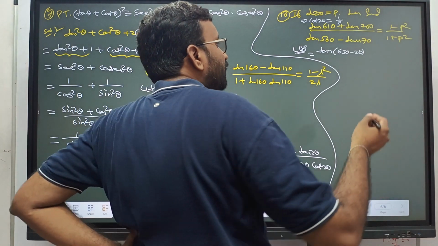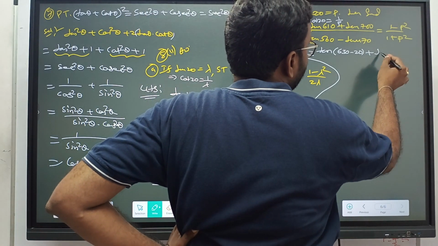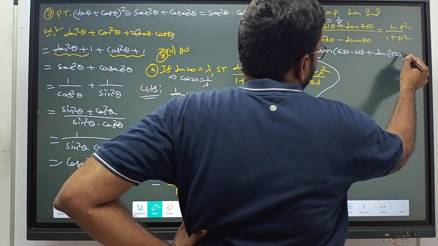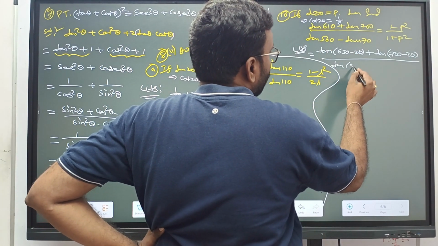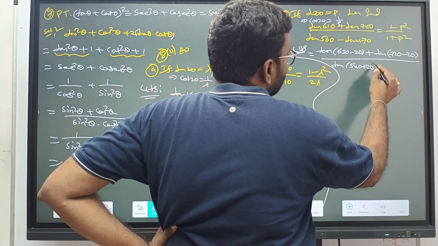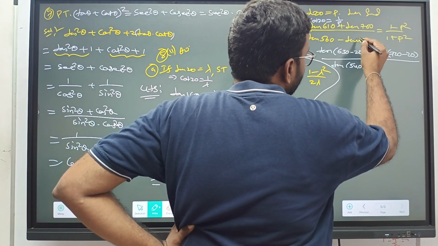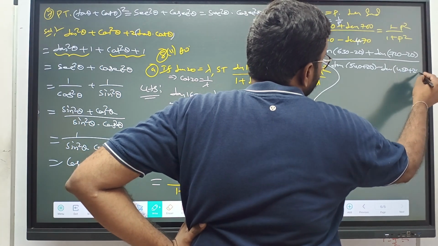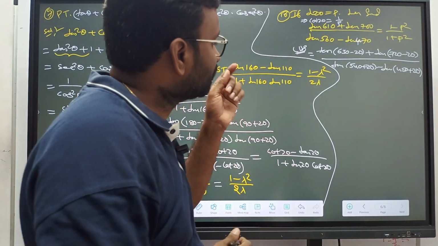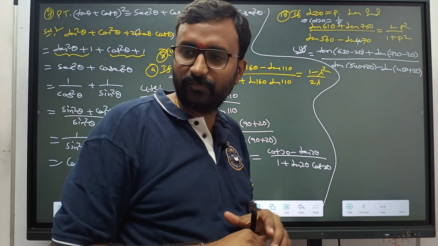Next is 720 only. Next, plus tan 700: tan of 720 minus 20. Then tan 560 is tan of 540 plus 20, minus tan 470, which is tan of 450 plus 20. How can we know that it is exactly 630, 720, 450?